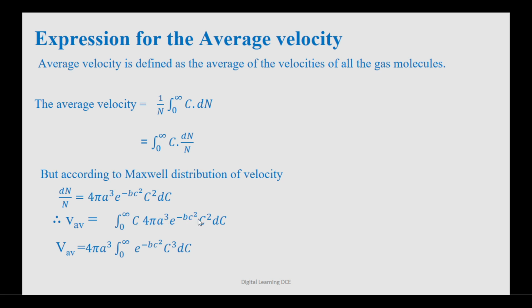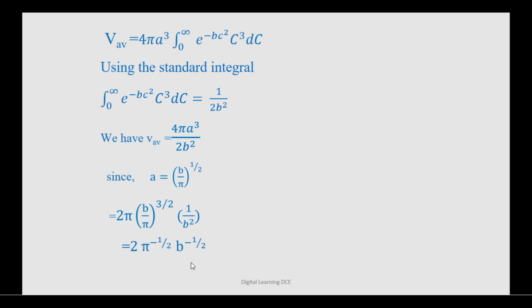Then C is multiplied with c squared, giving c cubed. The equation becomes the integral from 0 to infinity of e to the power minus b c squared c cubed dc.